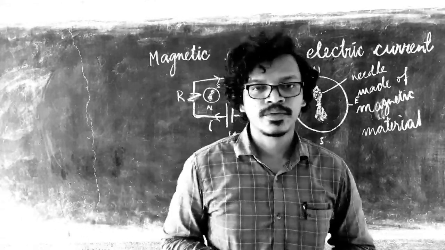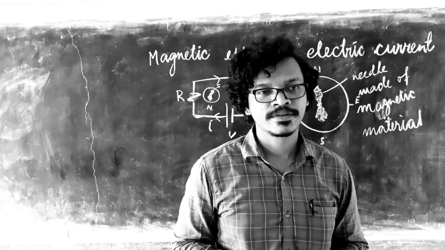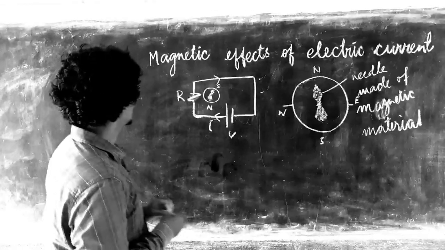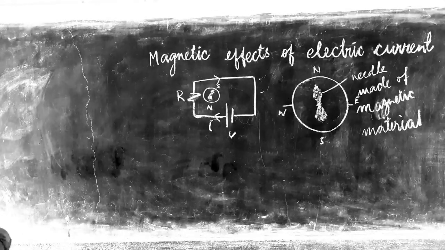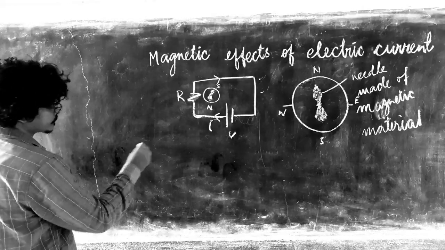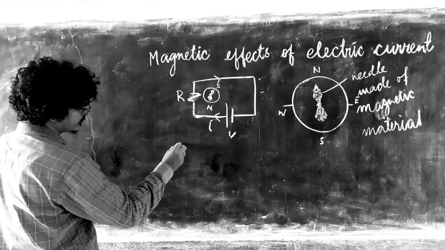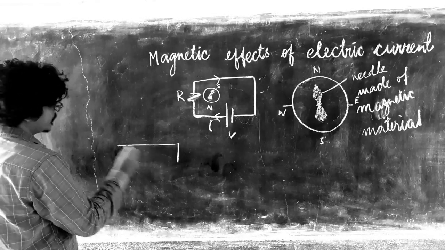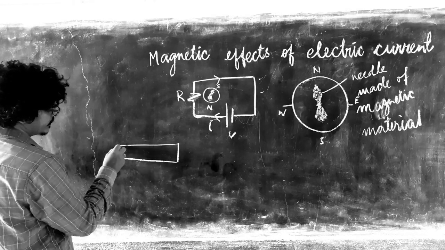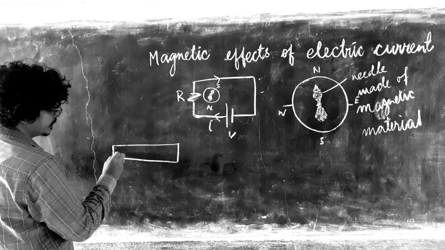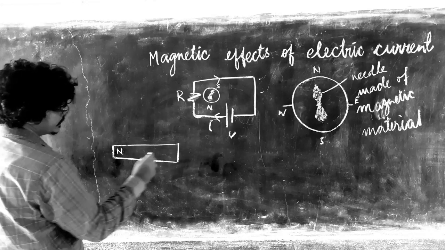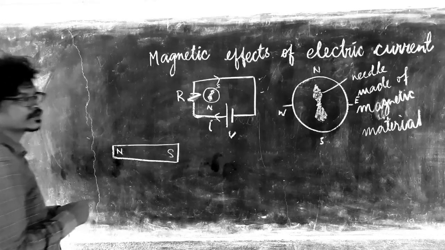So what is a magnetic field? Let us take another example. Let us take a magnetic bar in which north and south are indicated.